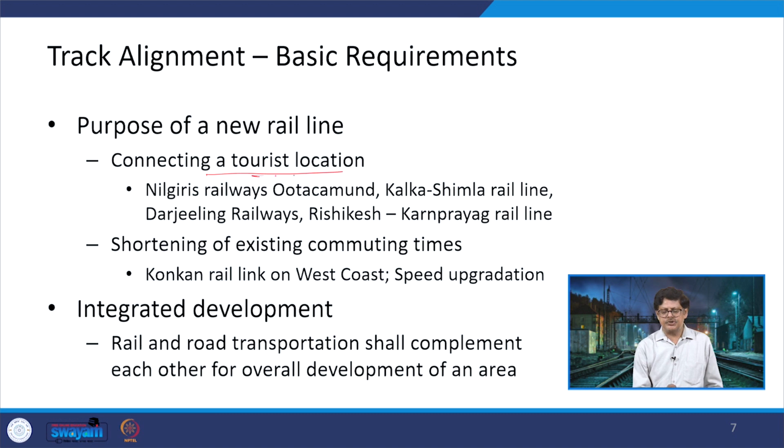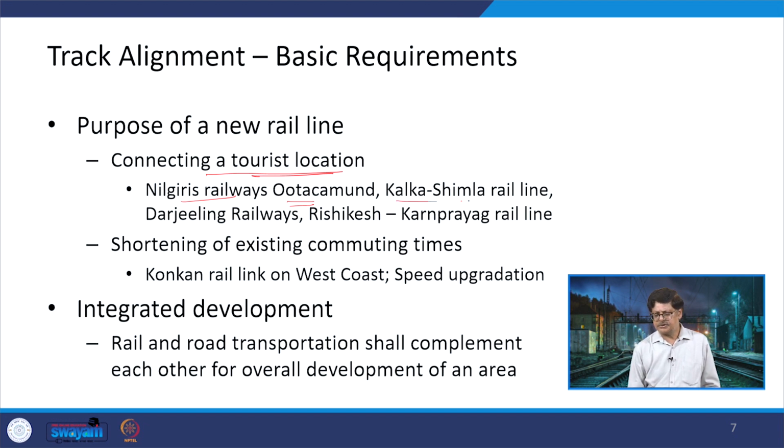Then, connecting tourist locations. Many of the networks already available in our country, say the Nilgiri railways, where connectivity has been provided to Ooty. This is a very beautiful rail line where you take somewhere around 3 hours of journey, and you can see all of the terrain and the cities beyond at certain distances from that particular track.